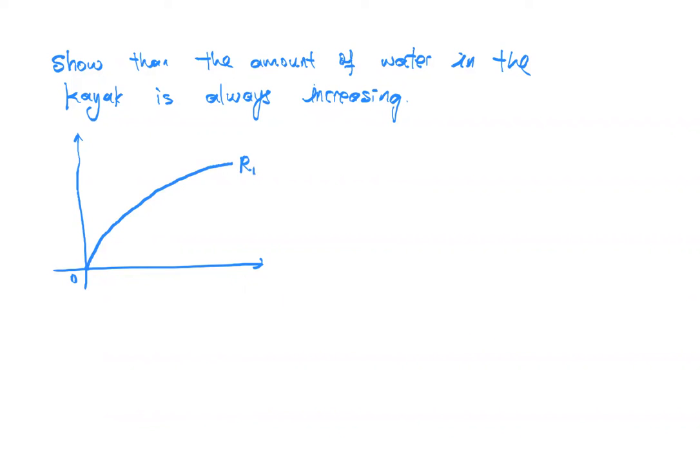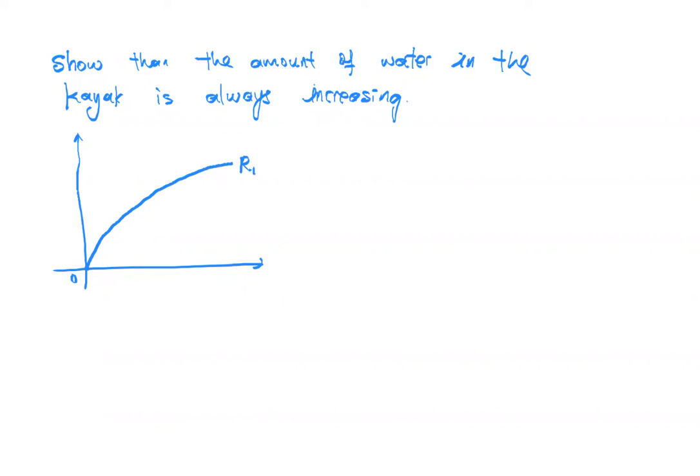Can I have a look at the graph? So my question is not right, correct? So your R1 is blue, your R2 is red.